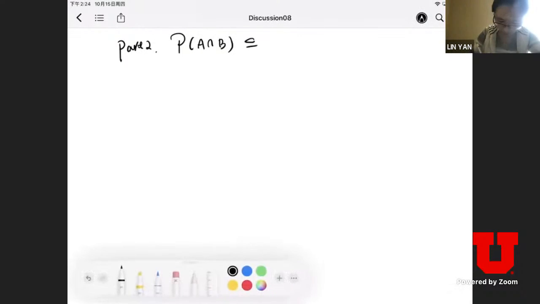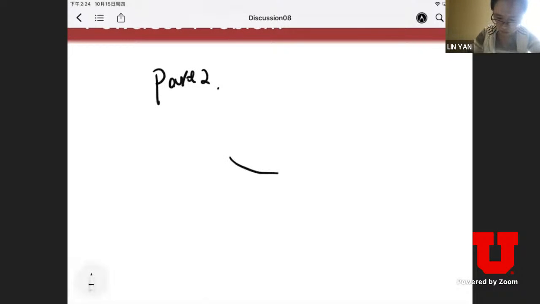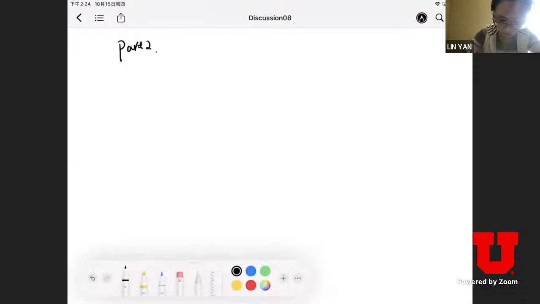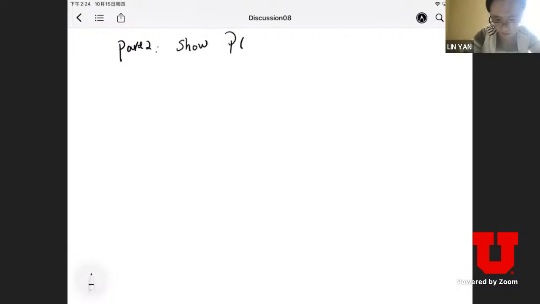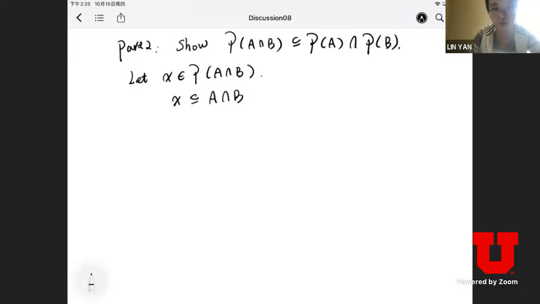We haven't got this statement, so we need to show the power set of A intersect B is a subset of the power set of A intersect power set of B. So we still choose an element from the power set of A intersect B. Then X is a subset of A intersect B. This is by the definition of power set.